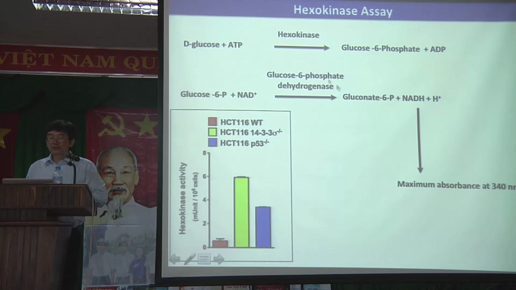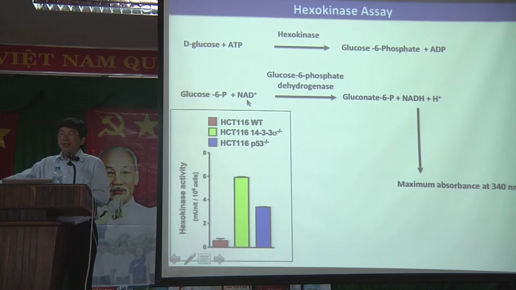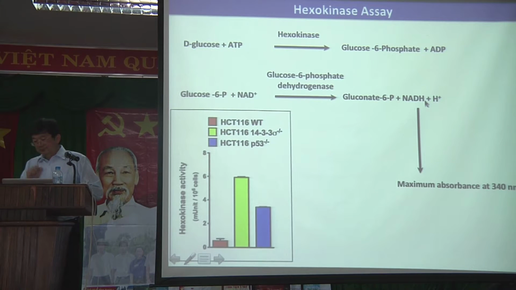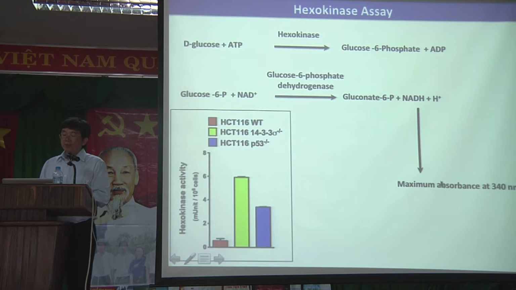By fixing the concentration of the glucose 6-phosphate dehydrogenase in the reaction mixture and providing a fixed concentration of the NAD, we can catalyze this sequential second step to generate gluconate 6-phosphate and NADH. And the NADH is the product that we can measure using the spectrophotometer to measure the absorbance at the wavelength of 340 nanometers.